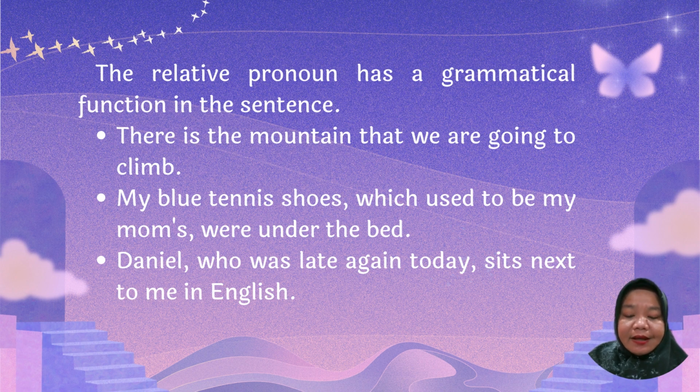Next, Daniel, who was late again today, sits next to me in English. Who is the subject of the dependent clause. Remember, when choosing between who and whom, consider how the pronoun is used in the dependent clause, not the independent clause.